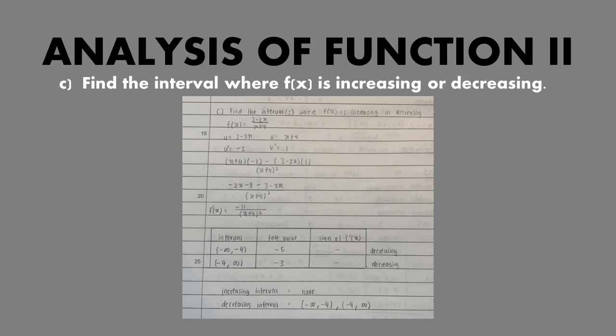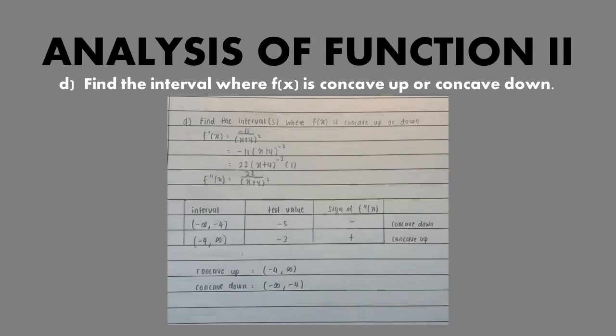For the next interval we use −3 as the test value, and we also get a negative sign, so that interval is also decreasing. We can conclude that both intervals are decreasing and neither is increasing.